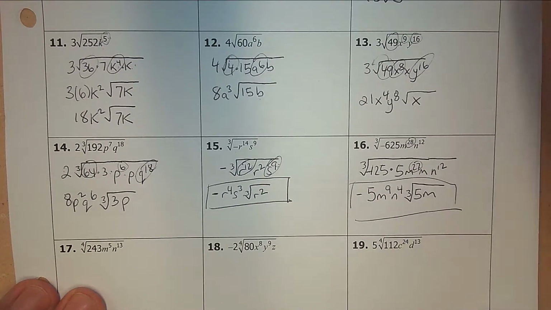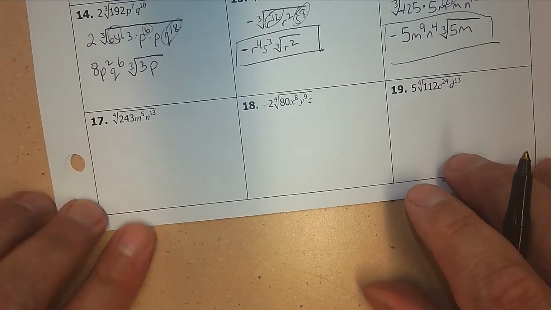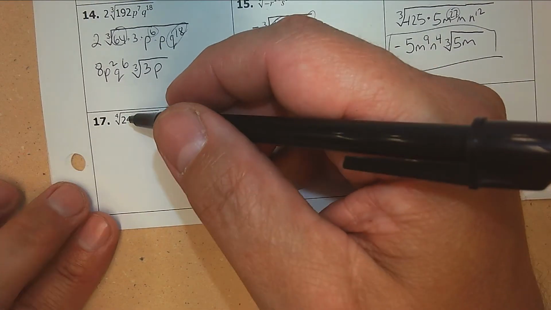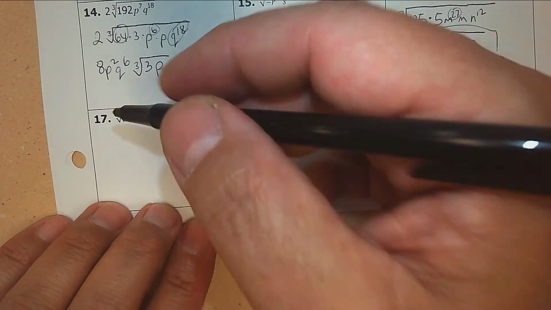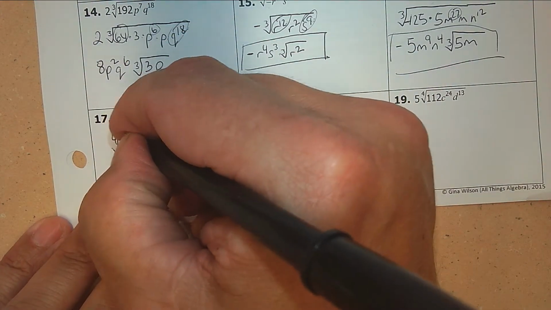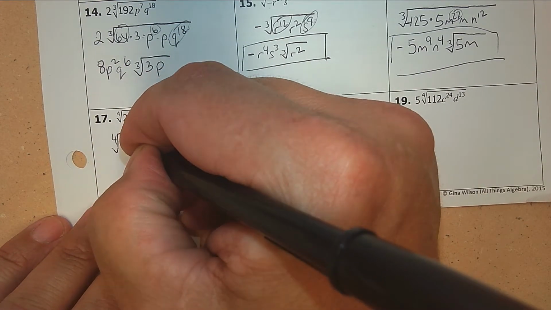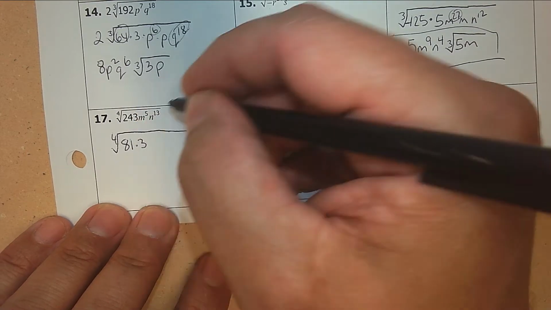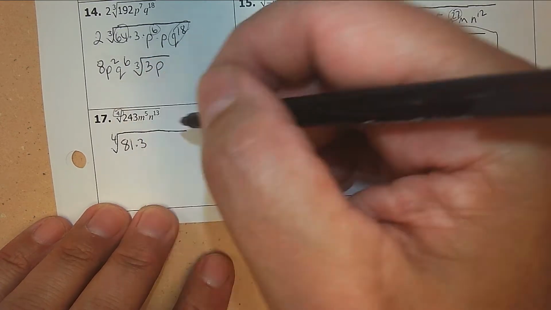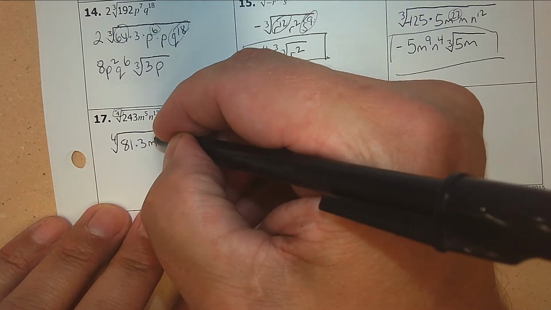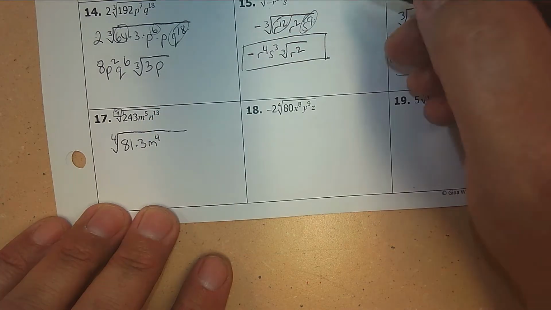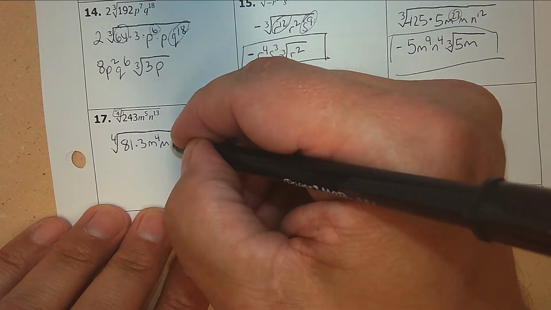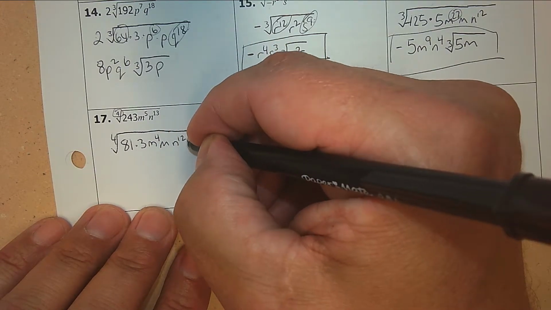All right, number 17. So what number 4 times itself goes into 243 evenly? So 81. And it's 81 times 3. Now we're dividing by 4. So the nearest exponent that 4 goes into evenly would be 4, and we need another m. For 13, it would be 12, and I need another n to make 13.